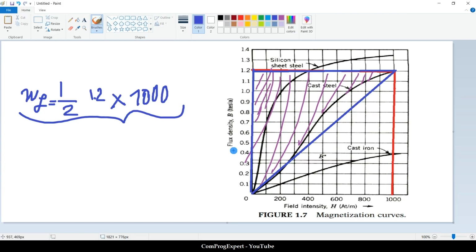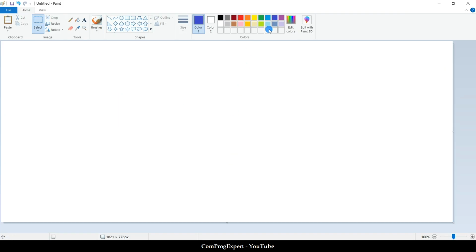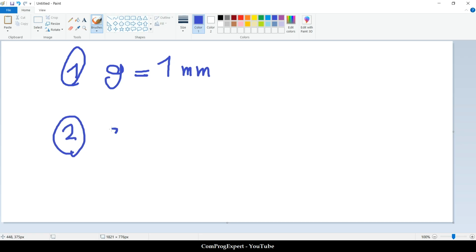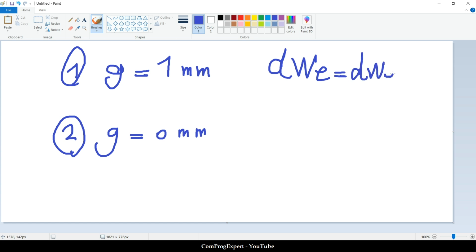So for the case 1, the air gap thickness was 1 millimeter. For the case 2, the air gap is 0, is closed. We have this equation, dWe is equal to dWf plus dWm, mechanical.